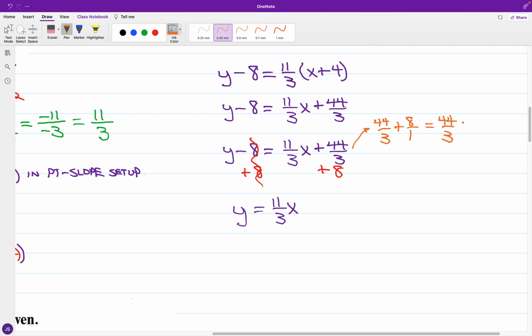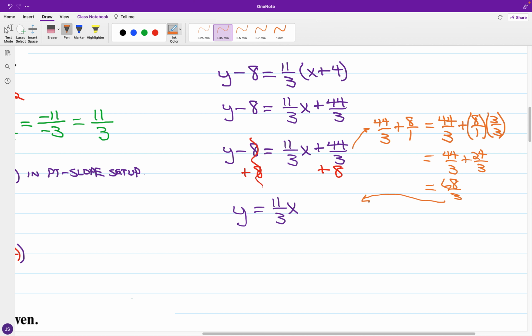And just raising 8/1 in terms of thirds. Okay, so 44/3 plus 8. So this will be 44/3 plus 24/3. Okay, so this will come out to 68/3.